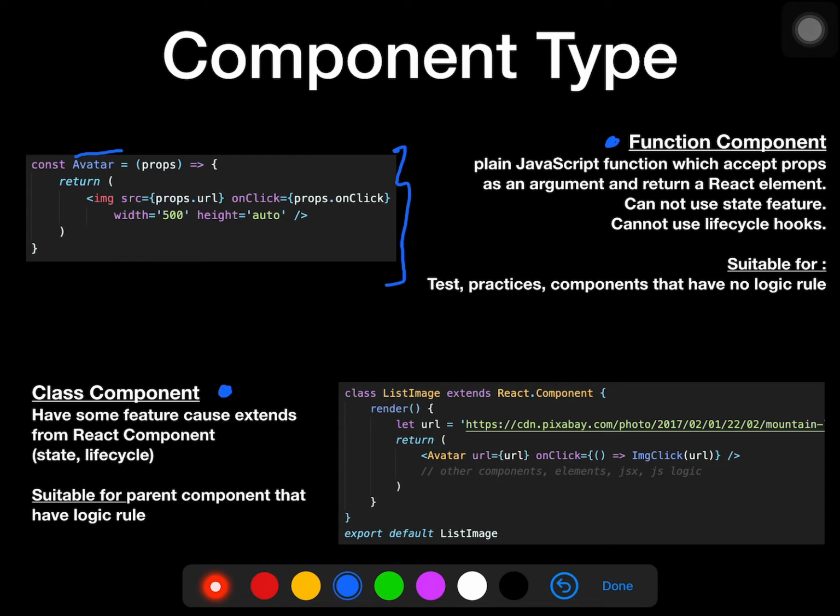And a class component has more features because it extends from React component, like state and lifecycle, which we can use if we have class components. So class components are suitable for parent components that have logic rules. On the right side here, the list image extends React component.